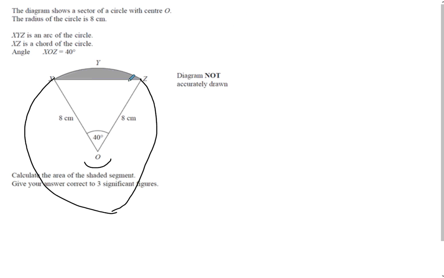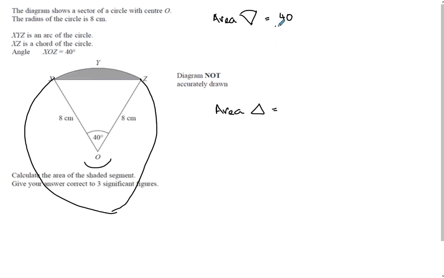What we need to find is the area of the sector, and then we're going to minus the area of the triangle, and we'd get left with the area of the segment.